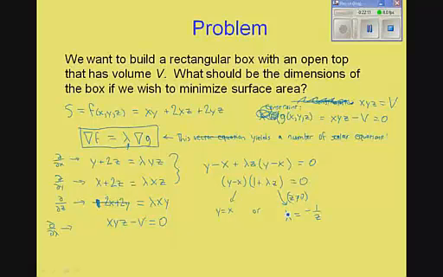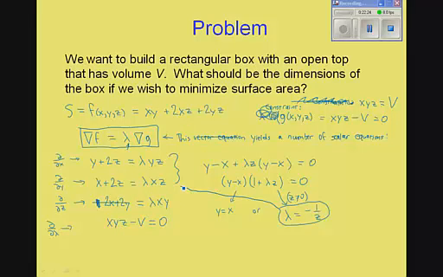Substituting this, once we know that lambda is negative 1 over z, we could go back to the second equation, let's say. I'm going to take this guy, throw it in there. So what does that give me now? I'll write it down here. I get x plus 2z equals what? Isn't it negative x?